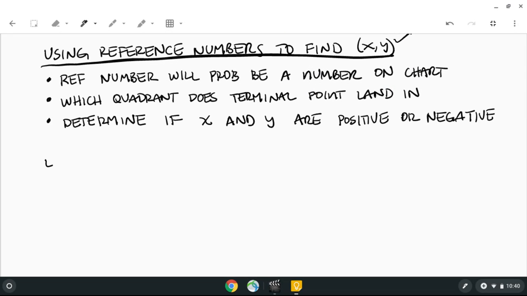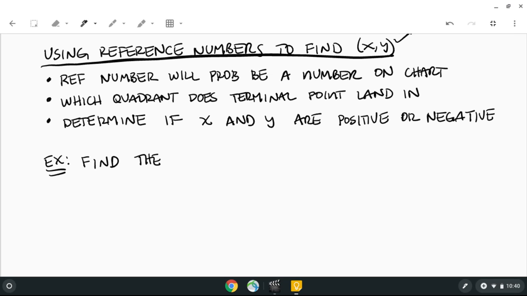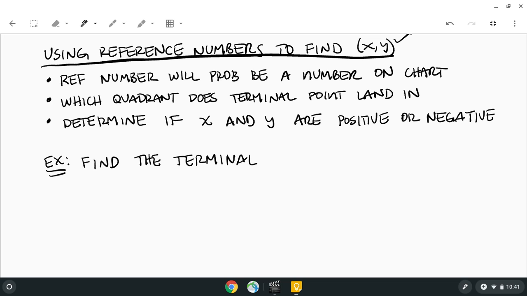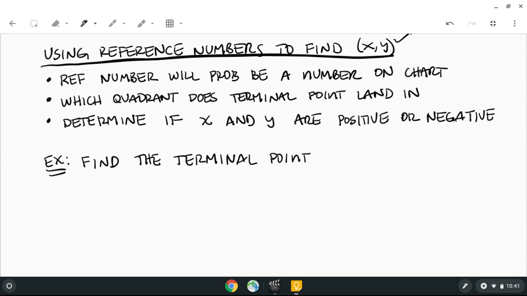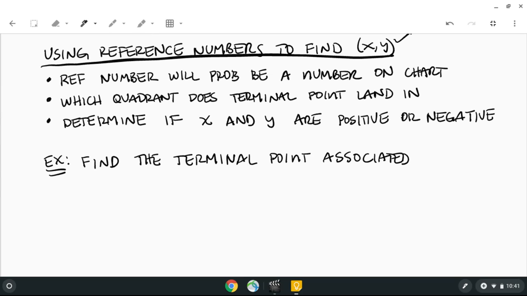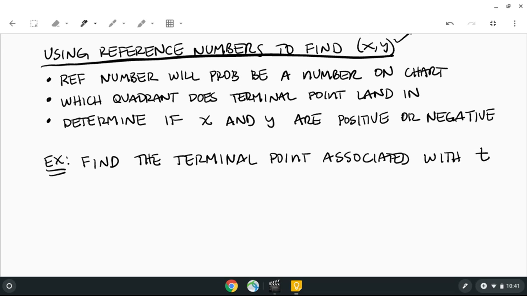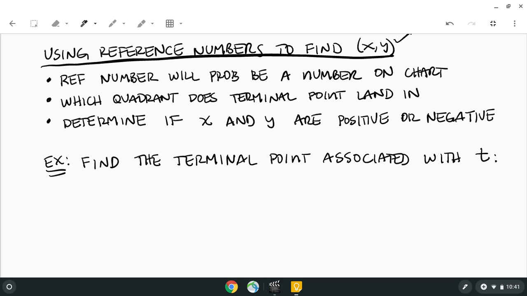All right, so let's take a look at some examples. Find the terminal point associated with T. We'll do a few examples.